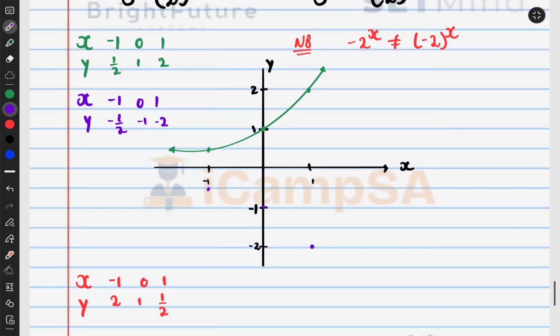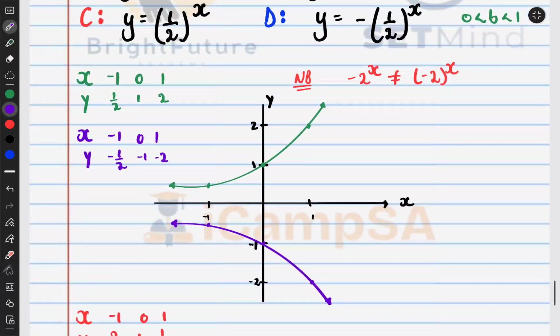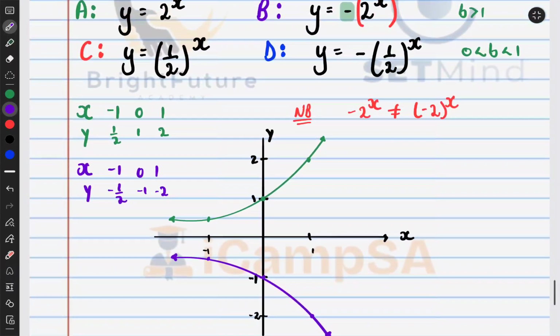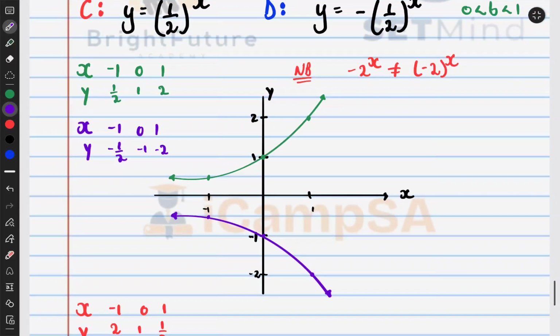And then we simply join the dots, and you see that the function of b, the purple function, is just a reflection of the function of a.